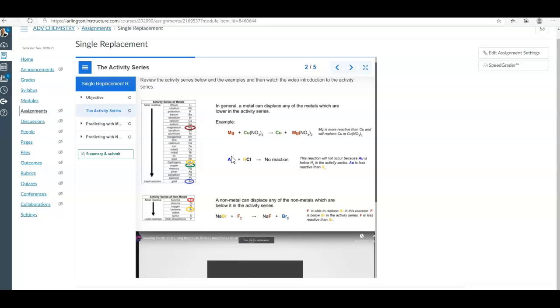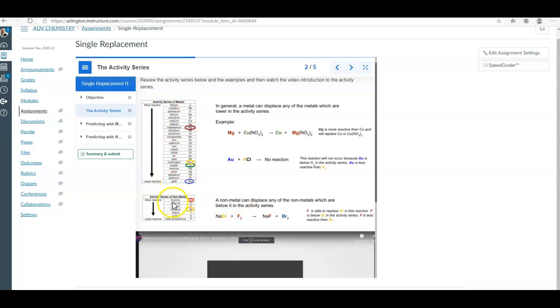But because you know that gold is below hydrogen, you know that acid is not going to do anything to your jewelry, because gold cannot react with that acid. It can't displace hydrogen from that solution. So you know that you're safe. Your jewelry is safe. Here, gold is not able to replace hydrogen, so there won't be any reaction.